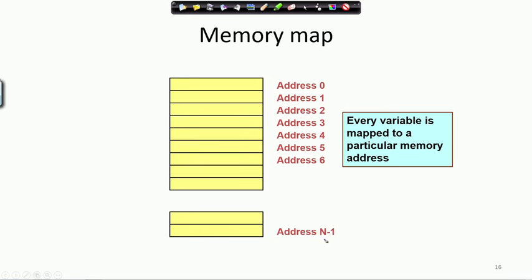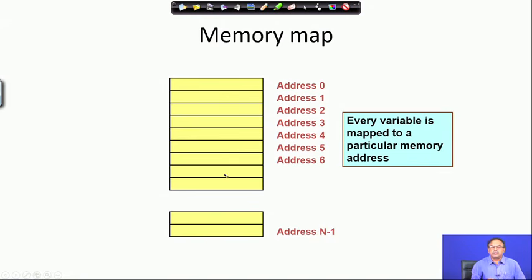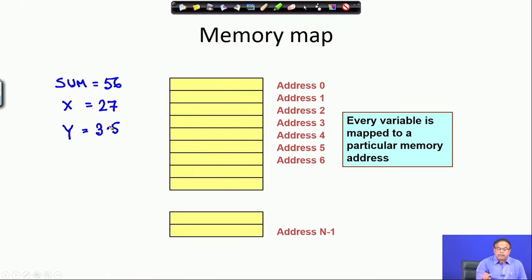You can see, if I have a number of variables, then every variable is mapped to a particular memory address. For example, here if I write sum equals 56, x equal to 27 and y is equal to 3.5, the compiler will look at this piece of program and will allocate some location to each of these variables.